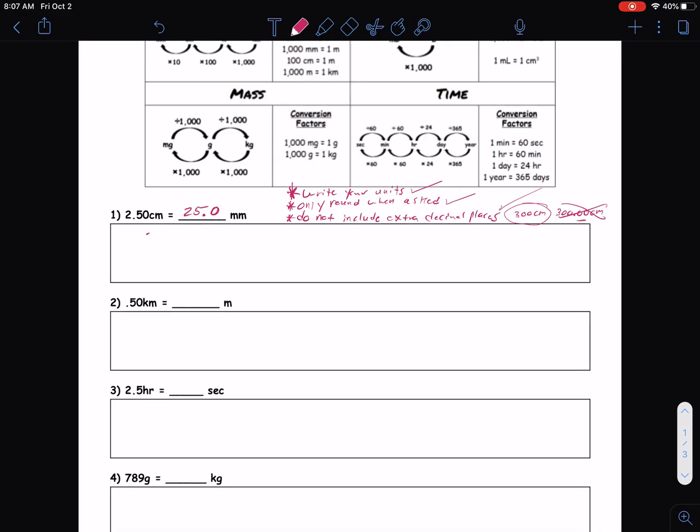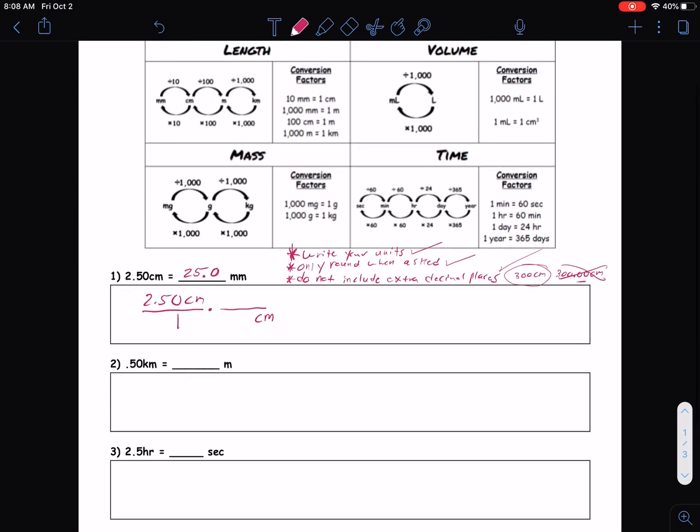And you're going to get this by 2.50 centimeters. Start with it, set it over 1. Centimeters in the numerator, centimeters in the denominator. According to the conversion factors up above, 10 millimeters equals 1 centimeter. 1 centimeter, 10 millimeters, equals 2.50 times 10, all over 1.